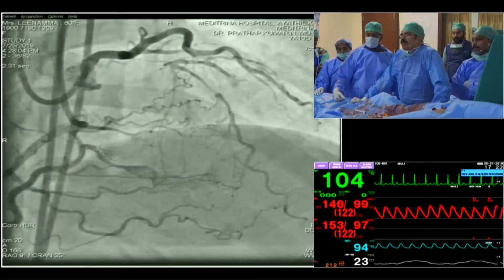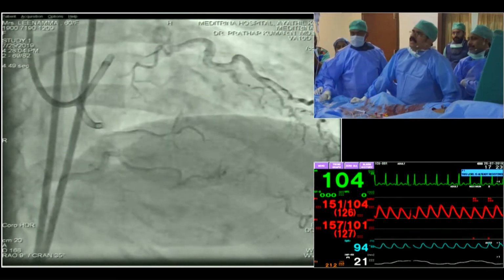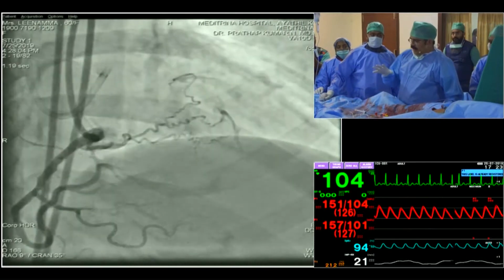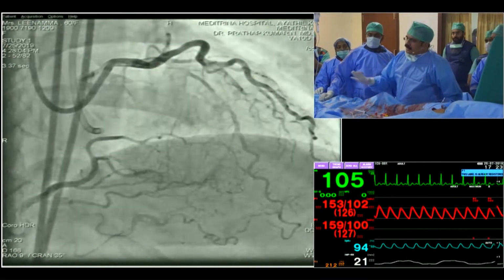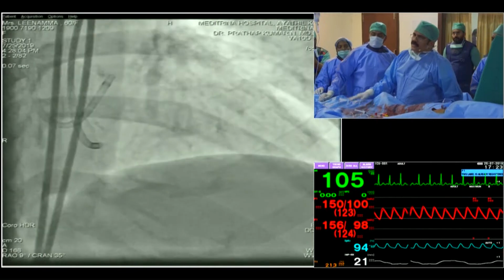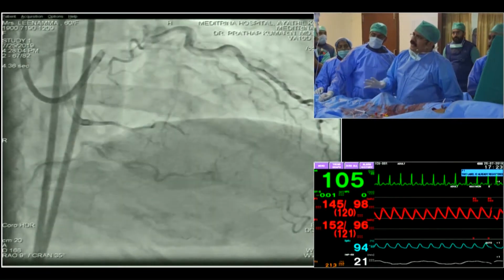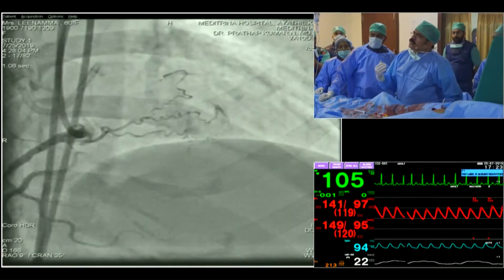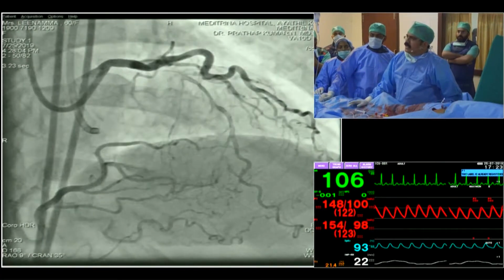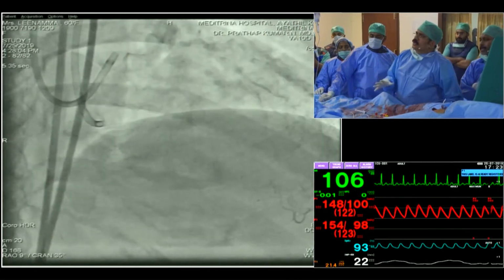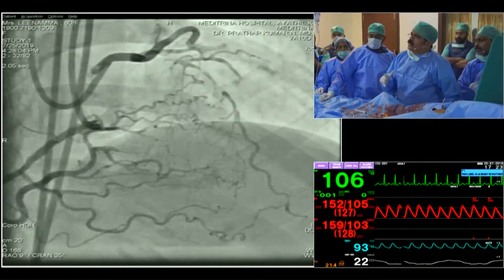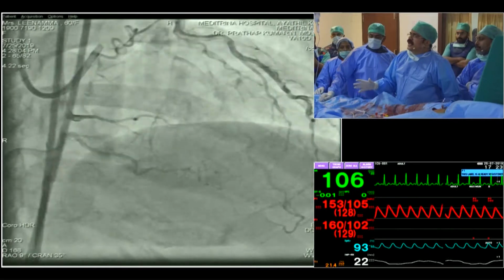Prathap, when do you prefer retrograde? My approach is that when somebody has already attempted antegrade, the first attempt will be retrograde for me. Number 2, if it is a calcified, long CTO, then again I will try retrograde. These are the situations I prefer: tortuous or ambiguous anatomy for antegrade.